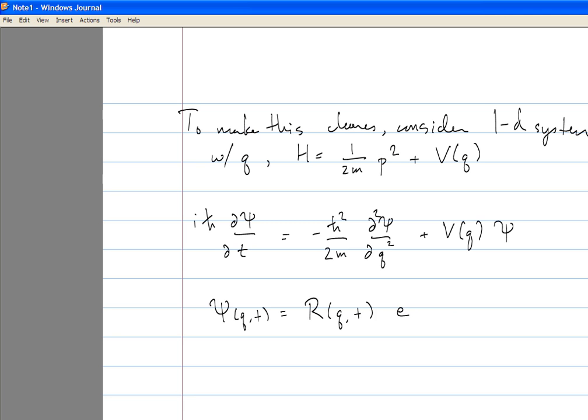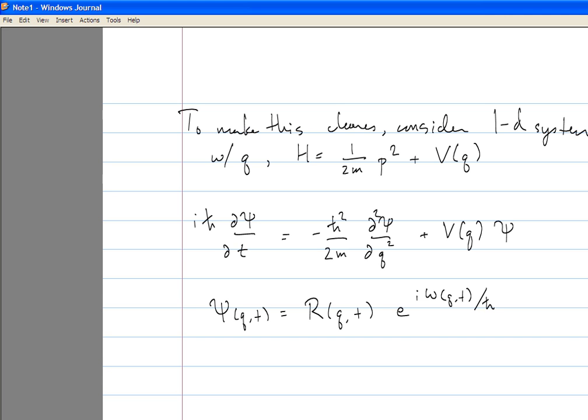And for perverse reasons of my own, let's call that phase e to the i w of q and t over h bar. I'll just put that factor of h bar in. That's just part of my definition of w. And at this point, w is some arbitrary function of q and t.